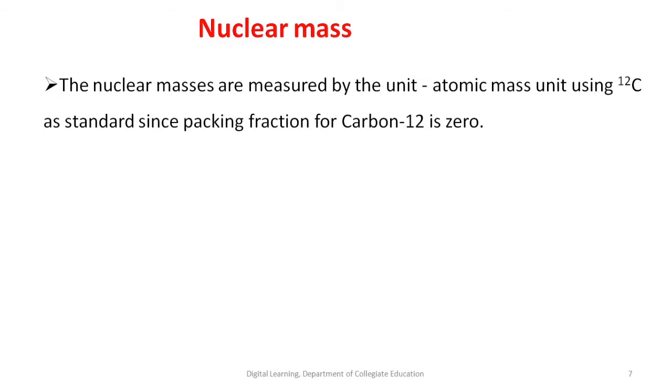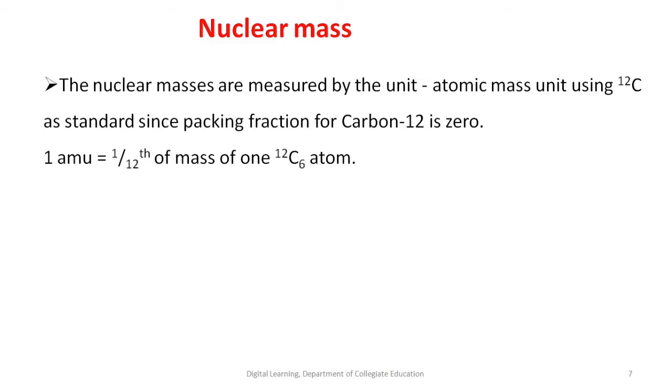Nuclear masses are measured using a unit called the atomic mass unit, in short AMU. We use carbon 12 as the standard because the packing fraction of carbon 12 is 0. That's why we represent the atomic mass in terms of the atomic mass unit of the carbon 12 isotope.